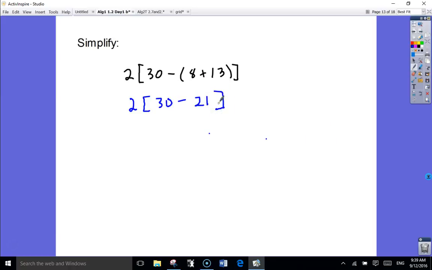Okay, then what? Should I multiply times 2? Do the subtraction inside the grouping symbols, right, which is 9. 2 times 9 is 18.